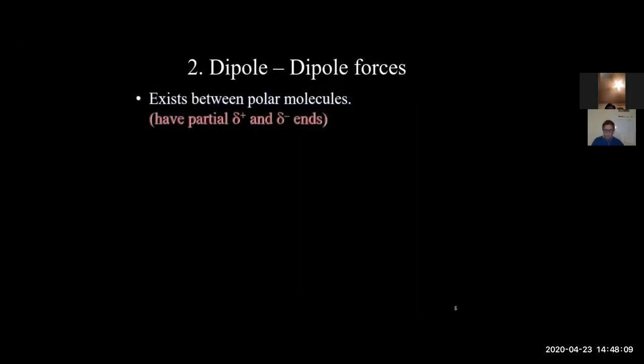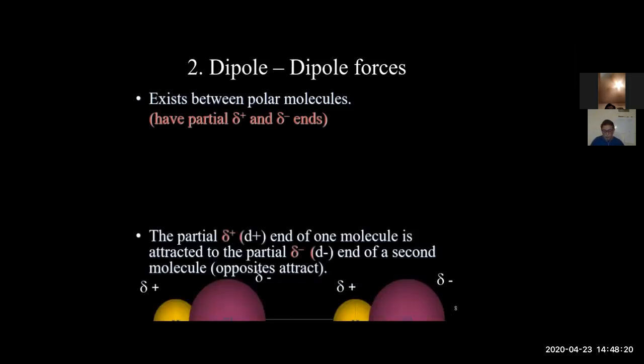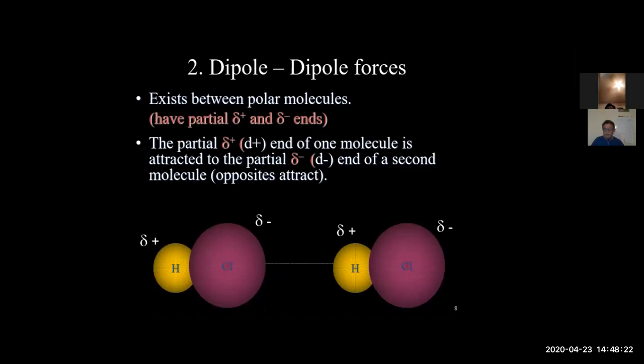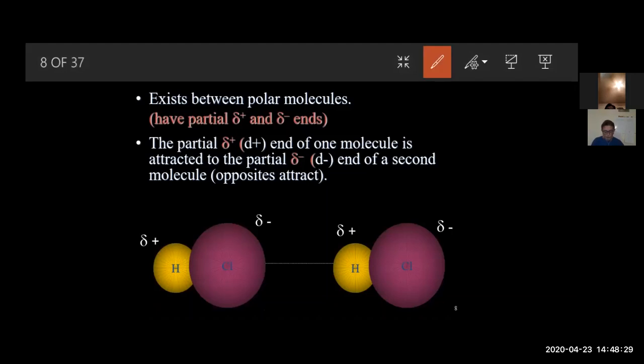Now, with respect to dipole forces, I showed you the example of hydrochloric acid. In this case, we have a permanent dipole because of the nature of the compound. In this example here, we have hydrochloric acid. The chlorine sits there because it's more electronegative. We have a polar bond here because there's unequal sharing.